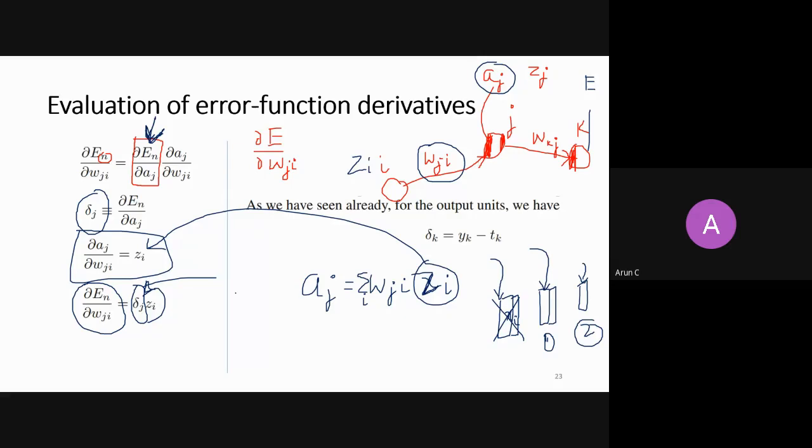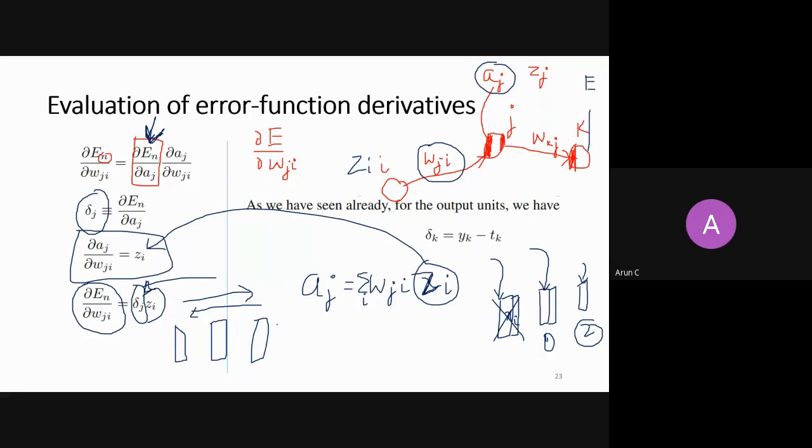So delta j is nothing but the back propagation of error. Like in forward propagation, you go from left to right. In back propagation, you go from right to left. That's why it is known as back propagation.